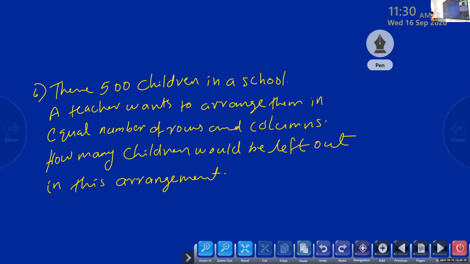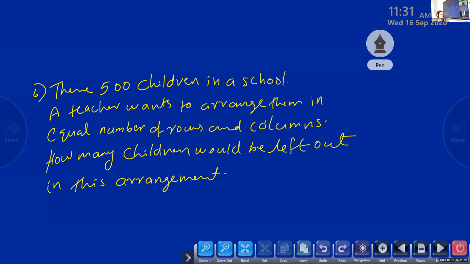There are 500 children. Teacher is arranging them in rows and columns. So some students will be left out. Why are some students being left out? Because 500 is not a perfect square. So actually, what is this question?